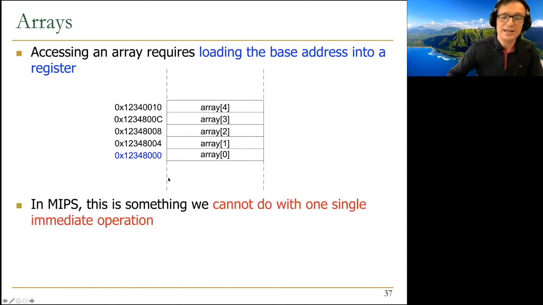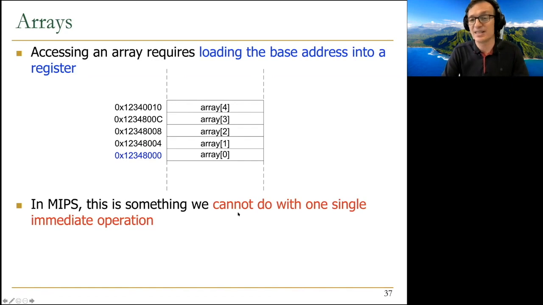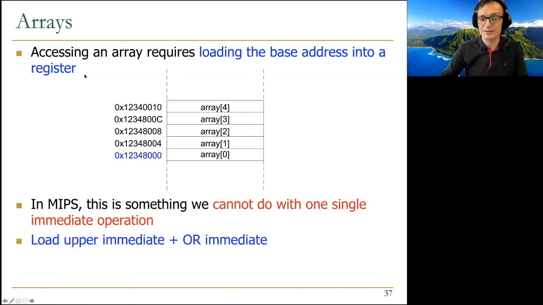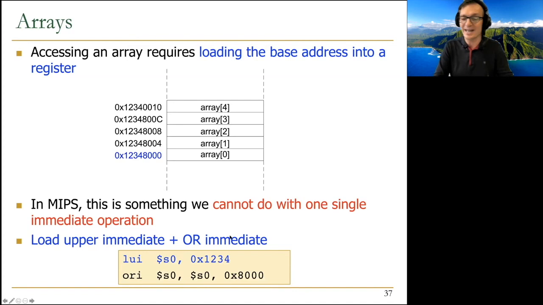So in MIPS, this is something we cannot do with a single immediate operation, loading the base register. So what do we do? We use what we learned earlier, load upper immediate plus or immediate, right? LUI and ORI. We've seen this before. If you want to load this address that we know into a register, let's say S0, we first load upper immediate 1, 2, 3, 4 to the top 16 bits of the S0 register, and then OR the register with the 16 bits coming from this immediate value, 8,000 over here.